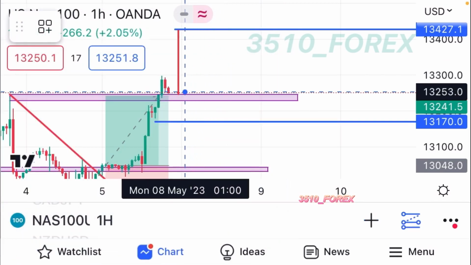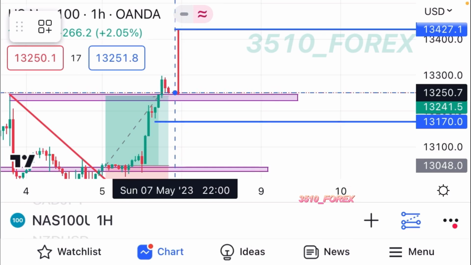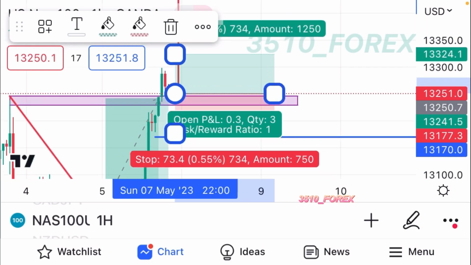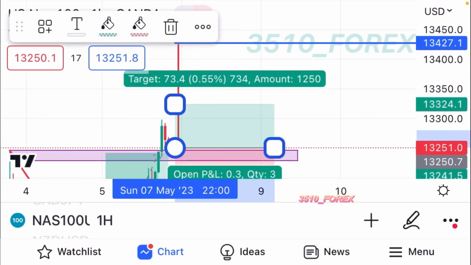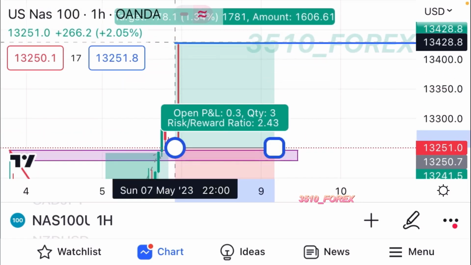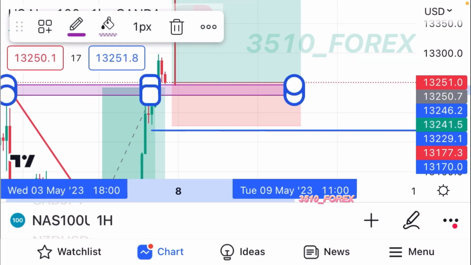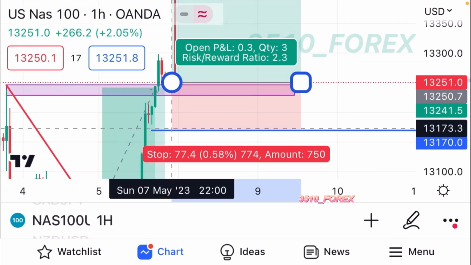Let me add this. I'll be entering around here, and I'm expecting the chart to go up, and then my stop loss is right here.